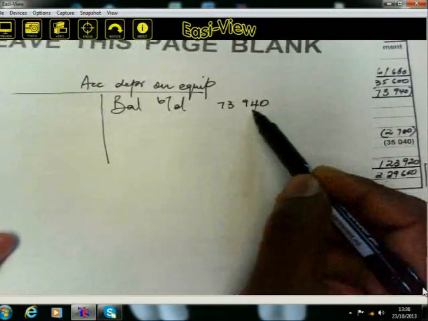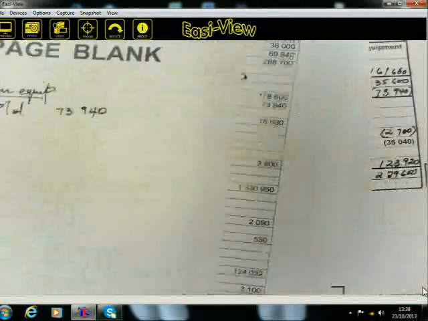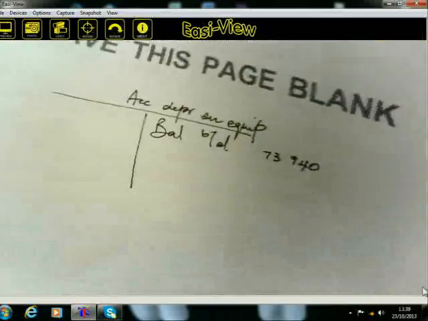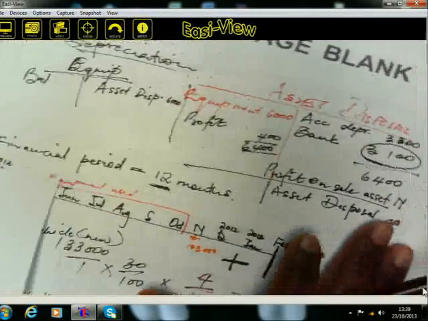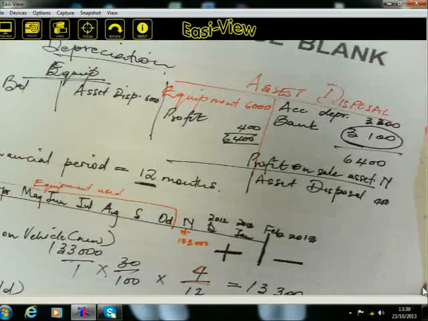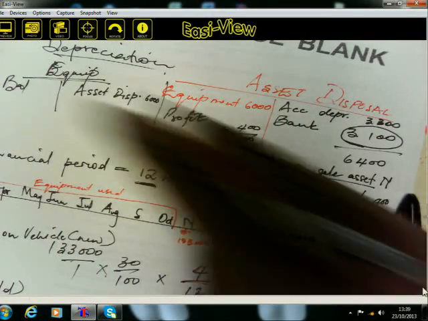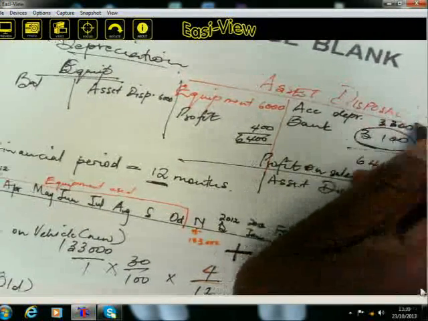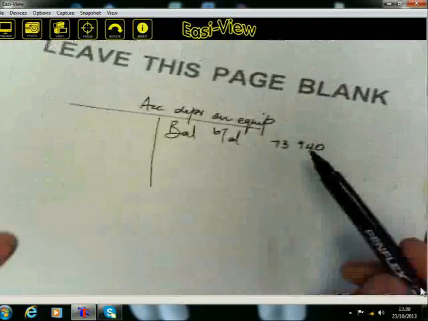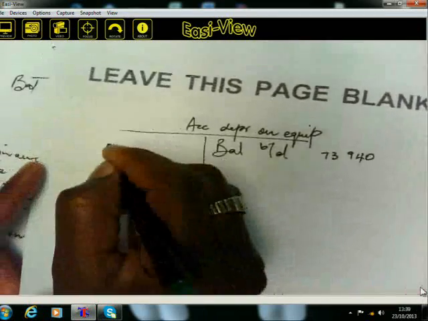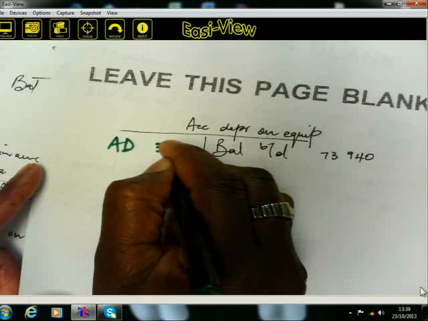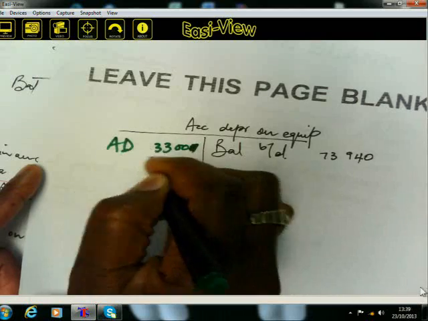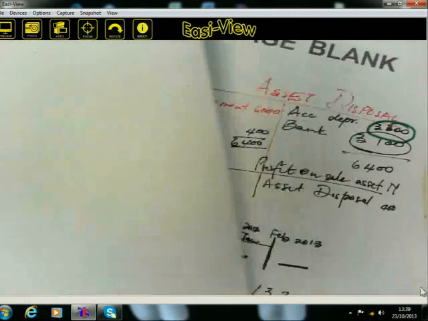The 73,940 includes the amount that we calculated as we were doing the asset disposal account, this 3,300. The 3,300 is included in this. And now that we have sold the asset, we need to subtract the 3,300 because the asset is no longer with us.